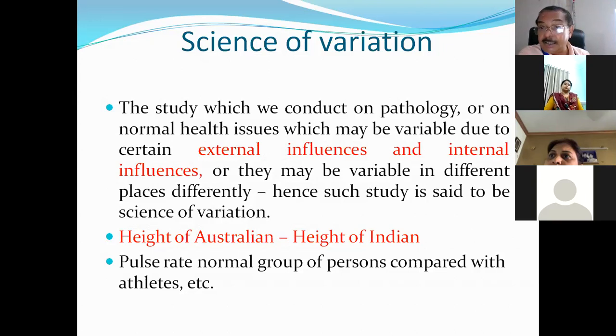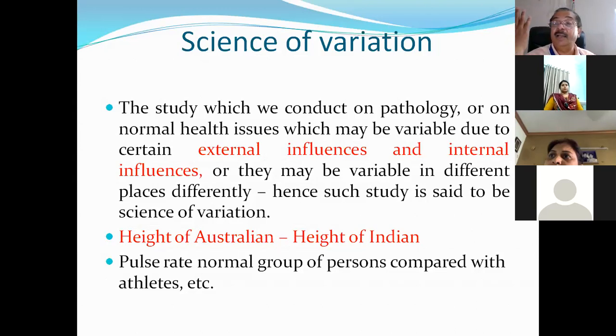In different places, even in India, the height of Jammu and Kashmir, the height of Sardarji, Punjab is different from the average height of Biharis or Odisha or South Indians. Likewise, they are also healthy. If they are of 6 feet, they are healthy. If we are 5.5 feet average height, then it is said to also be healthy. So in the health parameter, if there are some variations, as we know in the world scenario, Australian height is more.